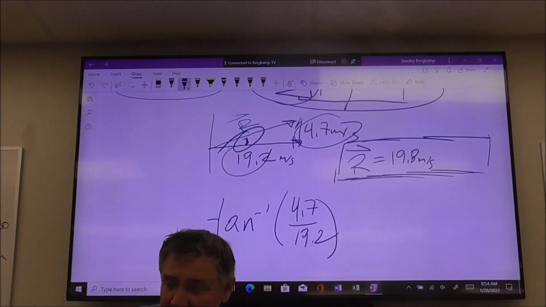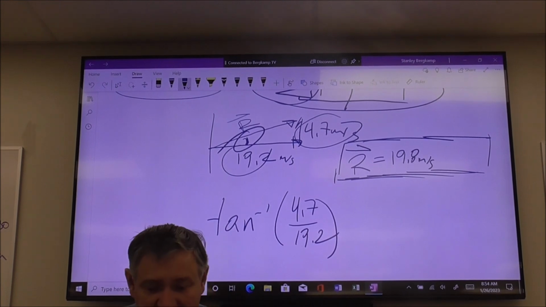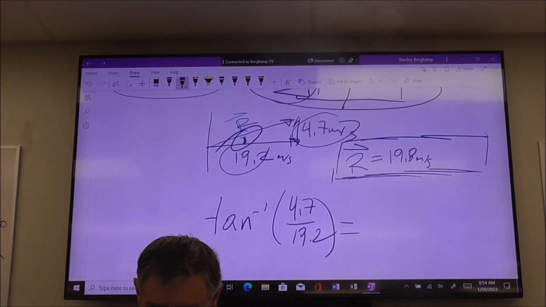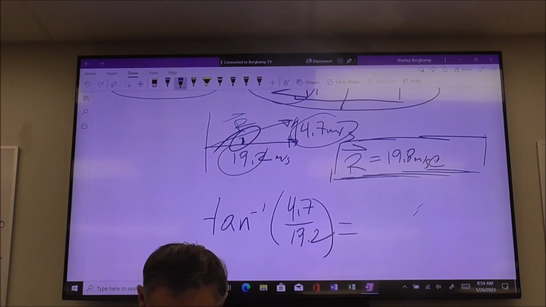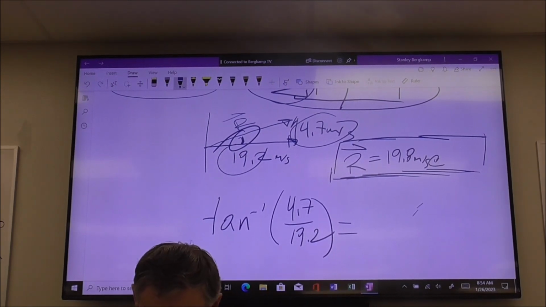Hopefully everybody's cool with how you do that inverse tangent thing. So what do you get as the angle? Shouldn't be very big. 13.8 degrees.